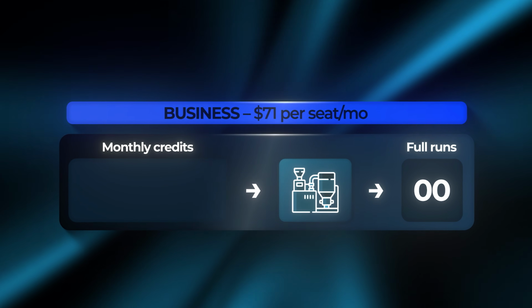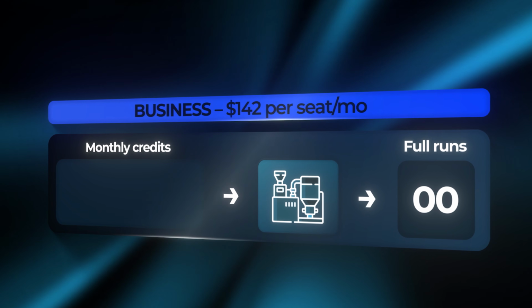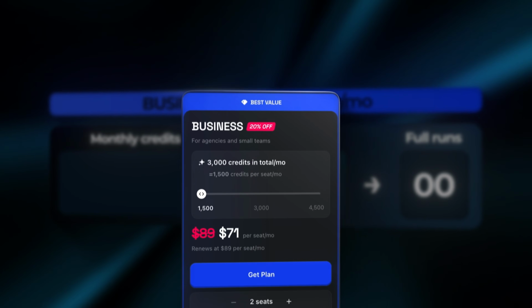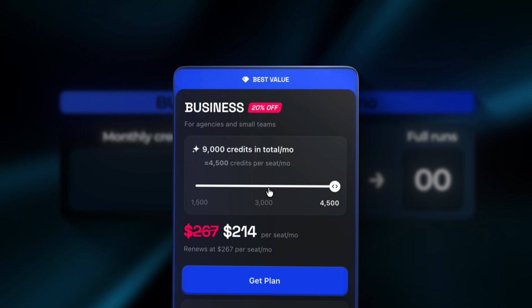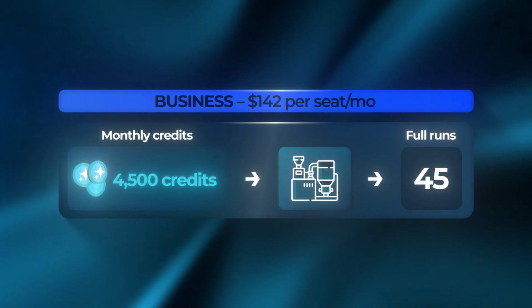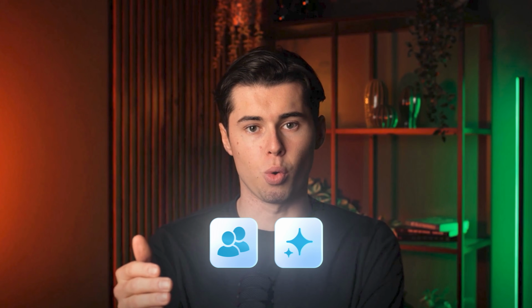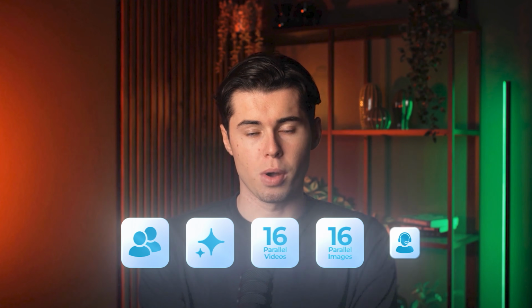Business is $71 per seat with a minimum of 2 seats, which puts you at $142 a month to start. The credit structure runs from 1,500 to 4,500 credits per seat, which translates to roughly 15 to 45 runs of this workflow per month, depending on the sub-tier you're on. What you're paying for here isn't just credits, it's the shared workspace, the shared credit pool across your team, 16 video and 16 image parallel generations, and priority support.